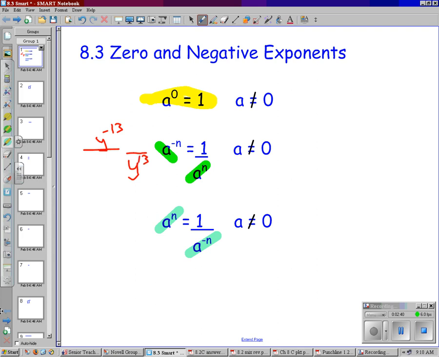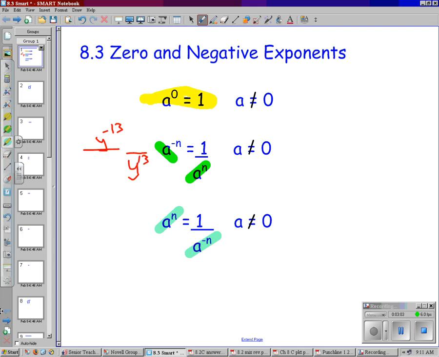I'll change that direction just a smidge when we talk about 8.4. So for today, all problems will have positive exponents when you get done with them. You should not leave any exponents negative. Be positive, don't be negative.